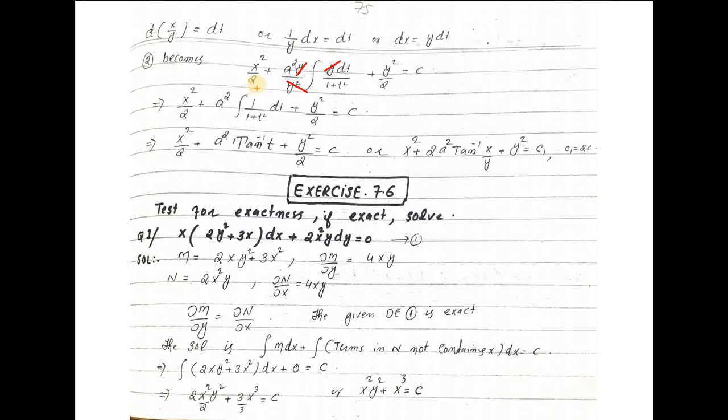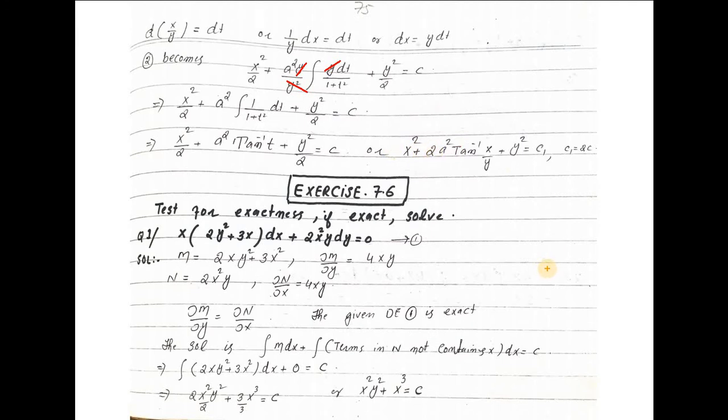Here the integral of 1 over 1 plus t square dt is tan inverse t, and putting the value of t, which is x over y, and multiplying both sides by 2, the constant 2c is replaced by c1. So this is the general solution.